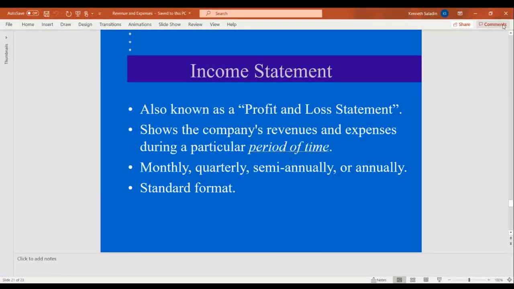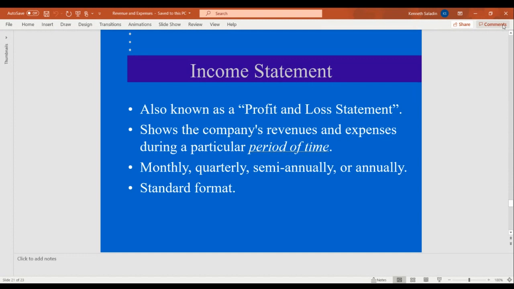Okay, so a company can generate something called a profit and loss statement or an income statement. They are both the same thing, two different ways of saying the same thing. And what the income statement shows is the company's revenues and expenses during a particular period of time.